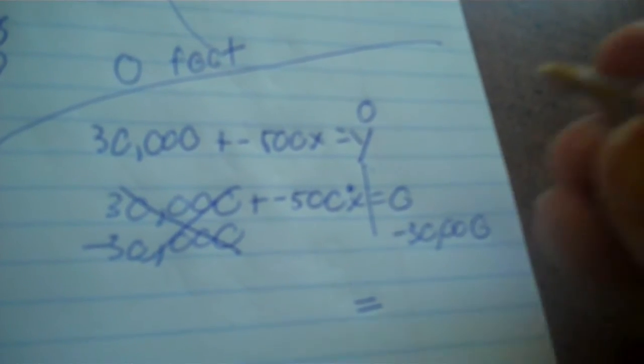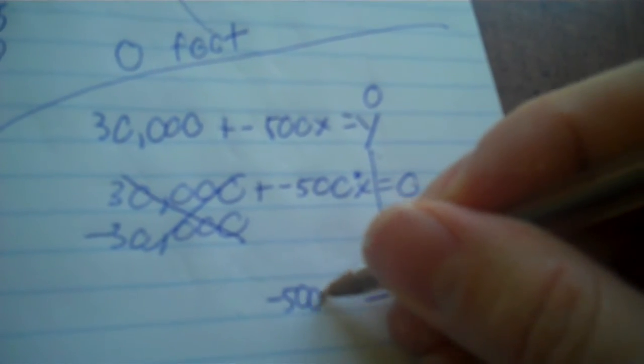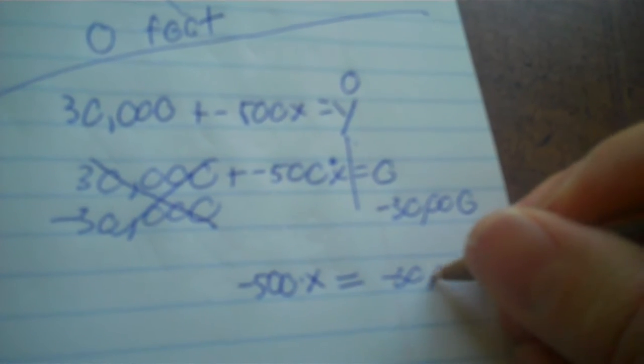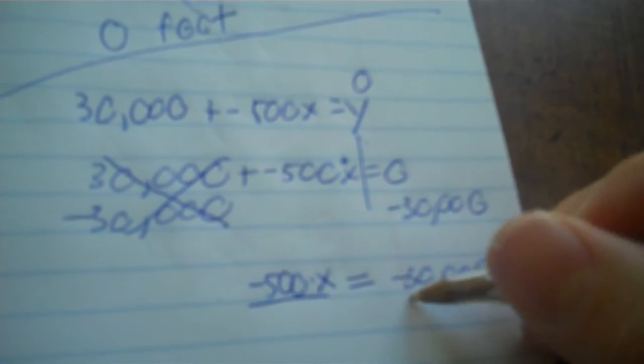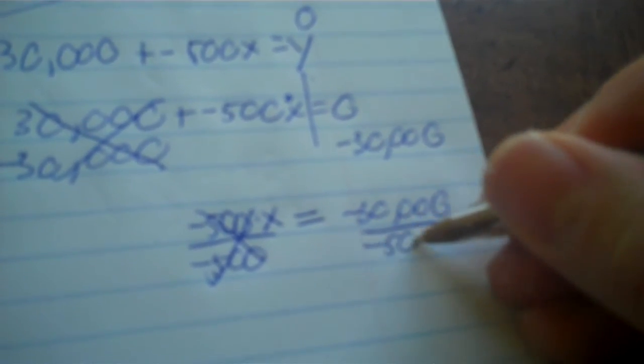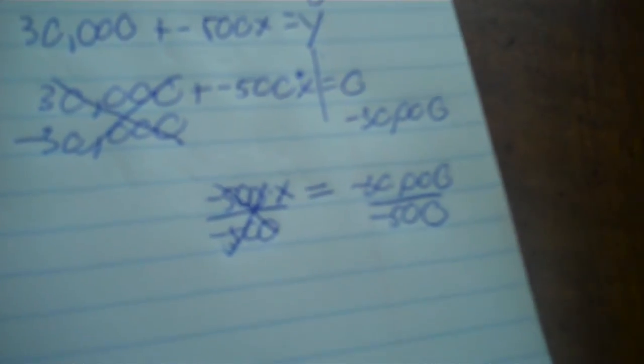Okay, so we have negative 500 times x. 0 minus 30,000 is negative 30,000. Then divide. And I take negative 30,000 divided by negative 500. Okay, 60. So 60 seconds.